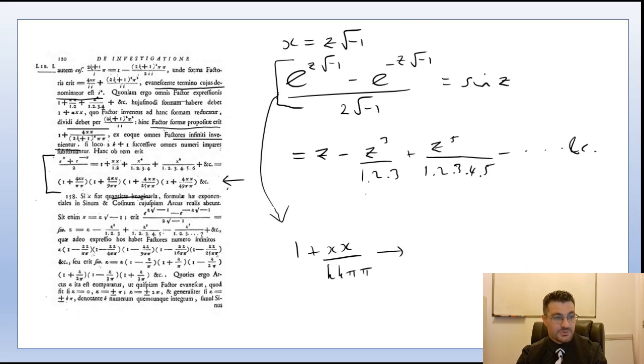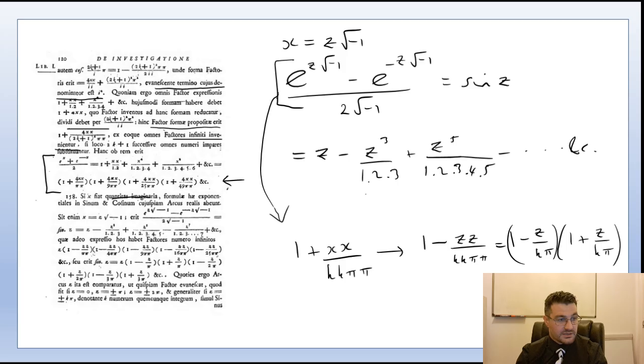So now if we replace x with z multiplied by square root of minus 1, then this will become 1 minus z squared over k squared pi squared, which in turn is equal to 1 minus z over k pi times 1 plus z over k pi. So that leads to the factorization of sine that you see here. Okay.